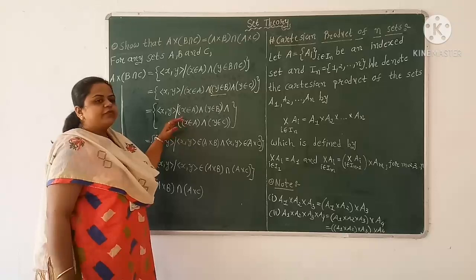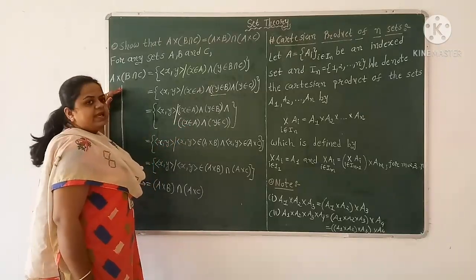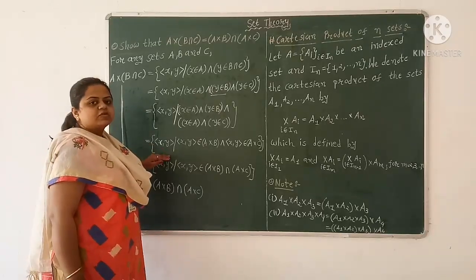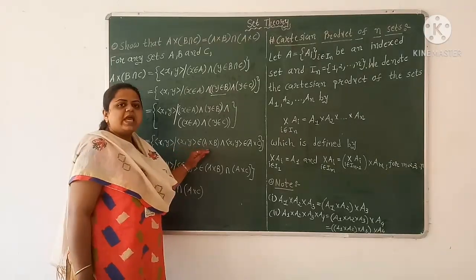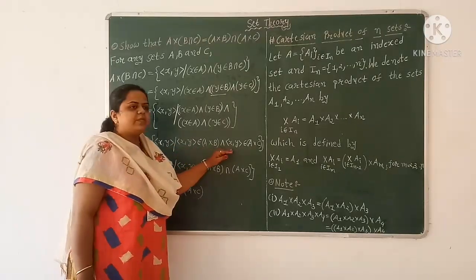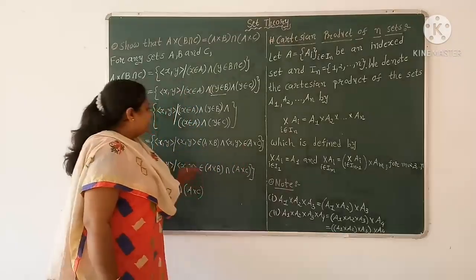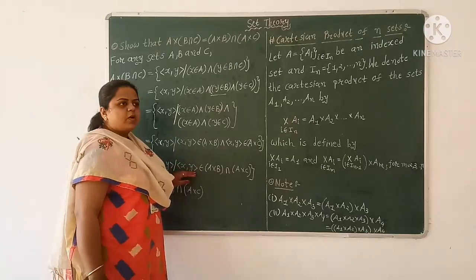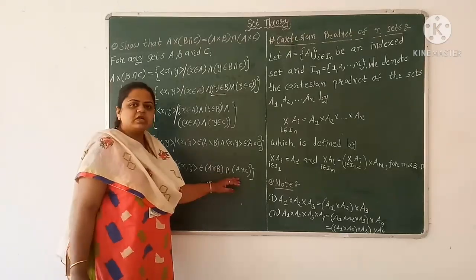By the definition of Cartesian product, we have A × (B ∩ C) is equal to the set of ordered pairs (x, y), where the ordered pair (x, y) belongs to A × B and the ordered pair (x, y) belongs to A × C. So, by the definition of intersection, we have the ordered pair (x, y) belongs to (A × B) ∩ (A × C).